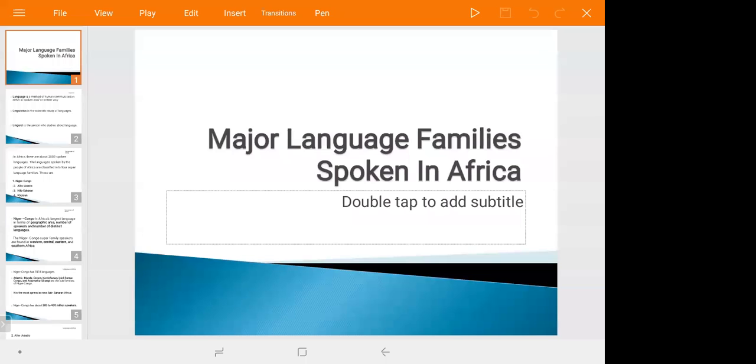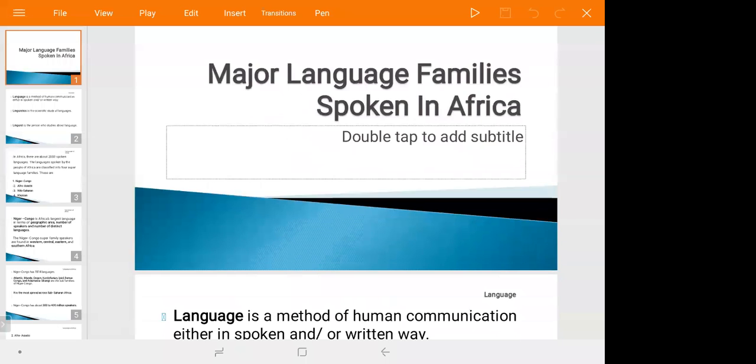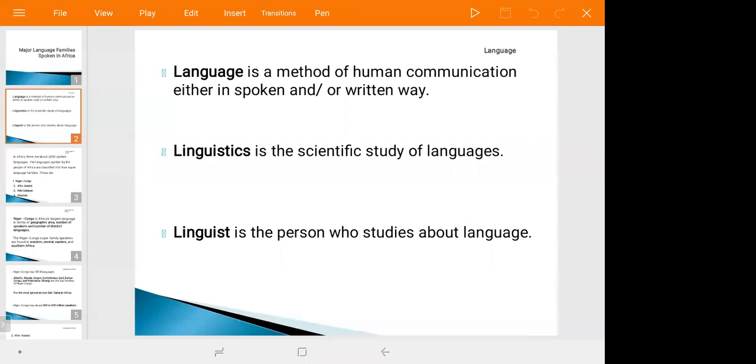So, major language families spoken in Africa. Language is a method of human communication, either in spoken or written form.